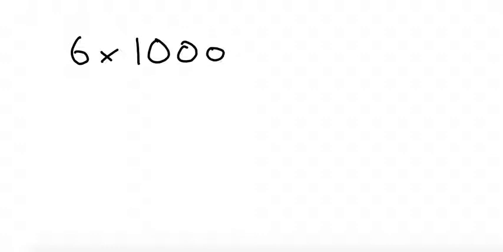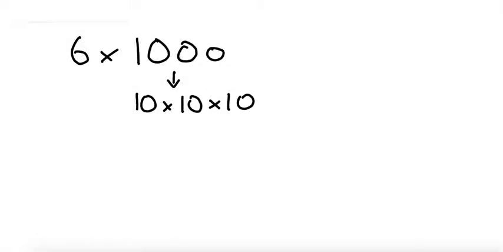I'll show you something else when multiplying by 1,000. So let's take a new one. 6 times 1,000. Another way we can think of this is breaking down that 1,000. So we know that 1,000 is 10 times 10 times 10.